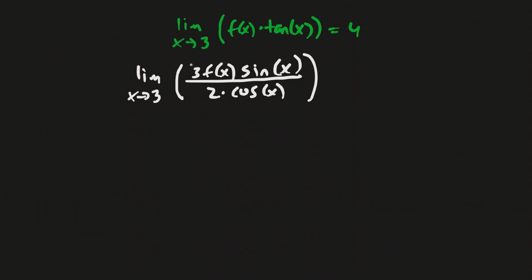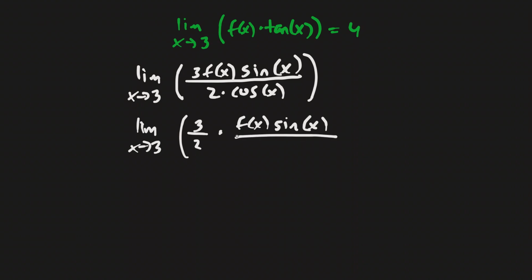So what I'm going to do is take this 3 and this 2, and separate it. So I'm going to write this as the limit as x approaches 3 of 3 over 2 times f of x times sine x, over cosine x. You might already know how to solve this when I did this step.